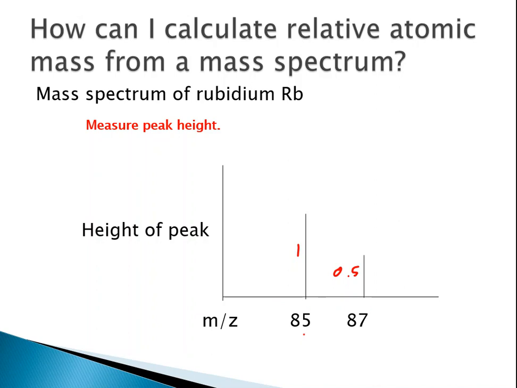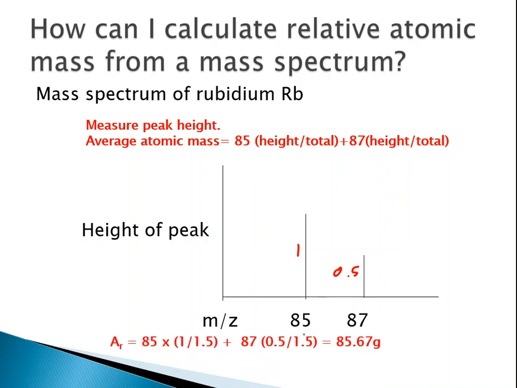So in order to use these heights as percent data, what we need to do is take the height of each peak and divide it by the total height of both peaks. So part over the whole times 100. So when I plug into my relative atomic mass formula, it's going to be the mass of rubidium-85 times the height of its peak over the total height, plus the mass of rubidium-87 times the height of its peak over the total.